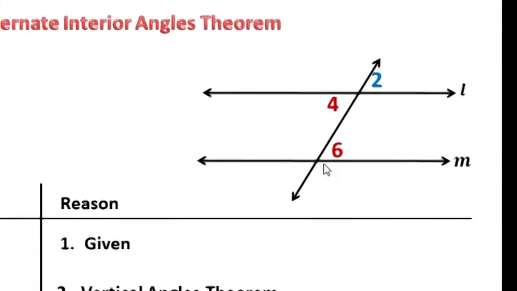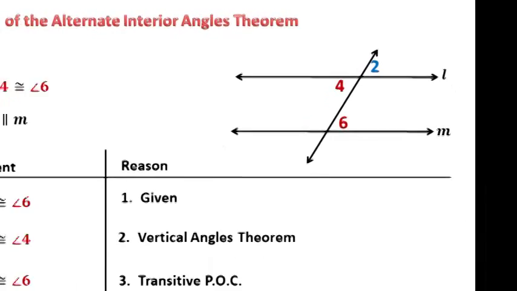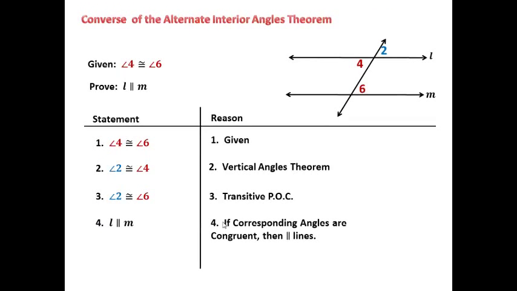Taking a look at our diagram, we are left with angle 2 is congruent to angle 6. But if corresponding angles are congruent, then we have parallel lines. We're taking something that we've learned previously to prove that L is parallel to M. If corresponding angles are congruent, then parallel lines. So we just proved the alternate interior angles theorem.